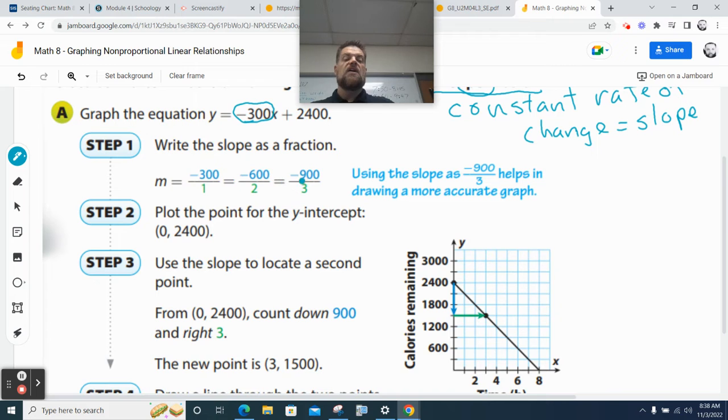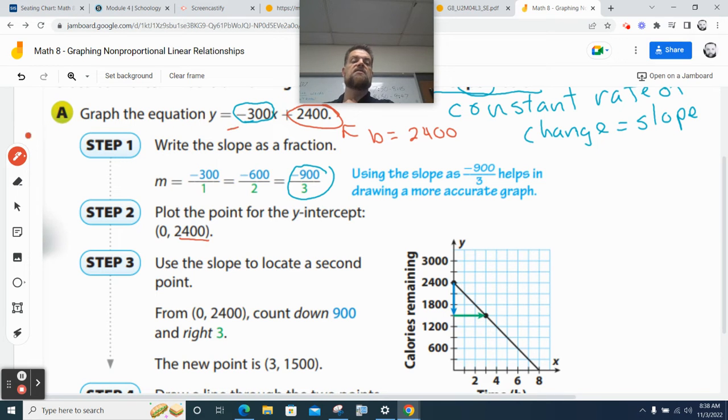The reason they changed the slope to negative 900 over 3 is because I can make a graph and kind of figure out about how many hours it's going to take to equal 0, right? So then they say use the slope. First of all, we know that the y-intercept occurs at 0, 2400. So let's do that. B equals 2400.